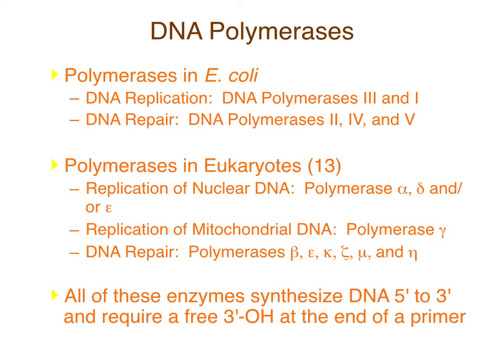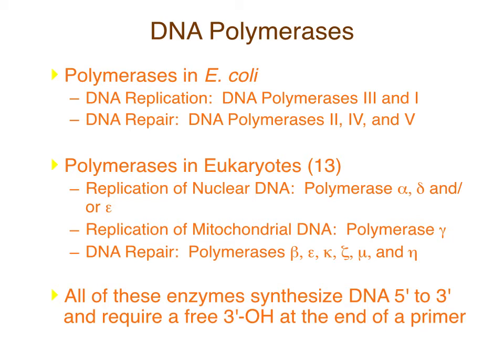DNA polymerase 1 performs DNA replication when it is filling in between Okazaki fragments, where the primer gets replaced with DNA. For DNA repair, we have DNA polymerase 2, 4, and 5.